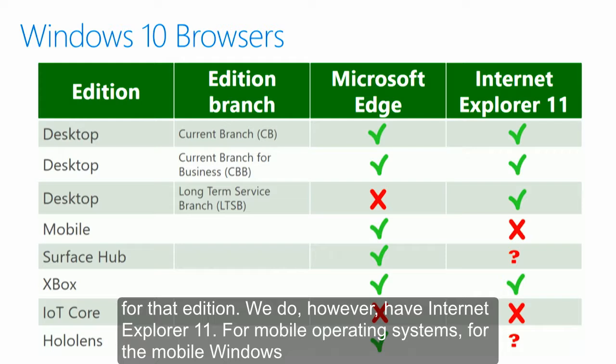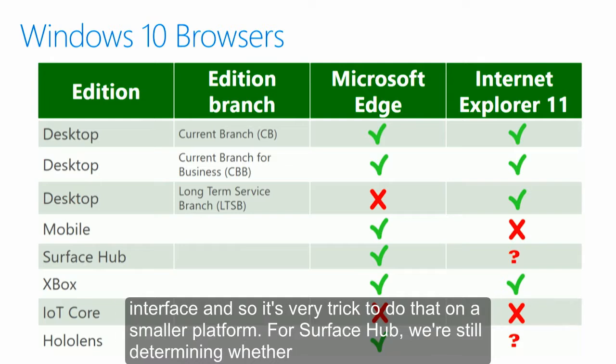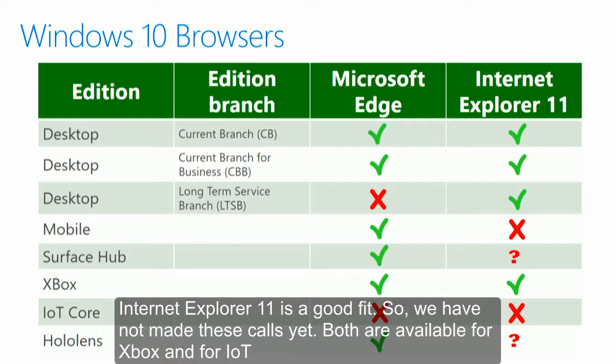For mobile operating systems, for Windows on Windows Phone, for instance, we have Microsoft Edge only, because Internet Explorer is not really a touch-enabled interface, and so it's very tricky to do that on a smaller platform. For Surface Hub, we're still determining whether Internet Explorer 11 is a good fit, so we have not made that call yet.